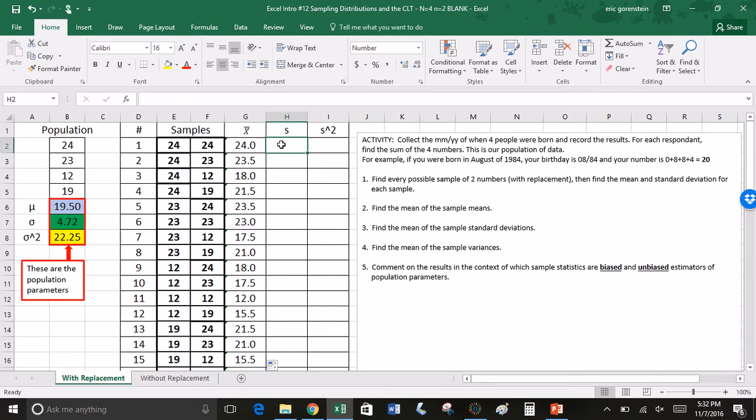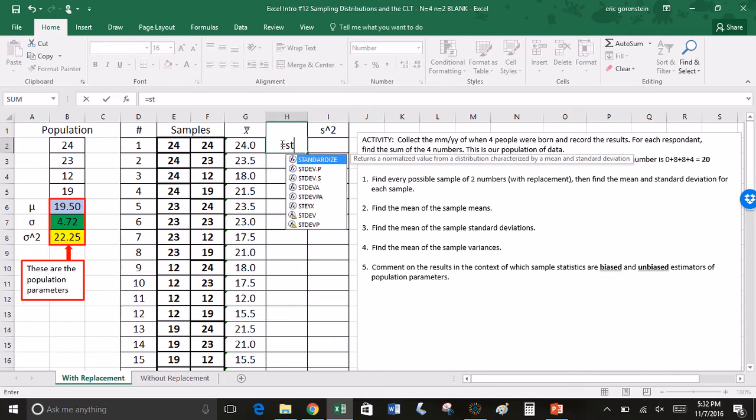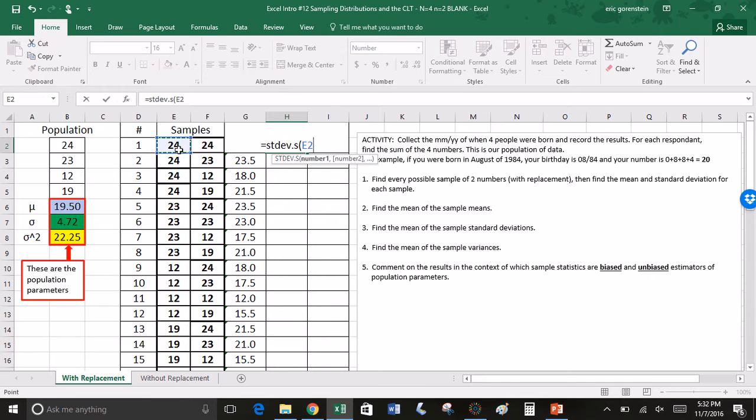And we could calculate our sample standard deviations. So it's STDEV.S. Make sure it's .S because it's a sample. And we're taking the standard deviation of these 2 numbers. There's no variation between them, so of course the standard deviation will be 0. All right, so let's copy this down.